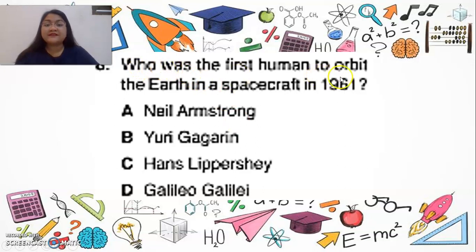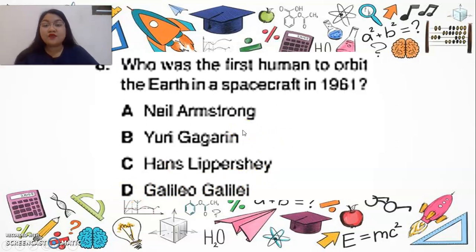Next, number 8. Who was the first human to orbit the Earth in a spacecraft in 1961? A. Neil Armstrong. B. Yuri Gagarin. C. Hans Lippershey. Or D. Galileo Galilei.